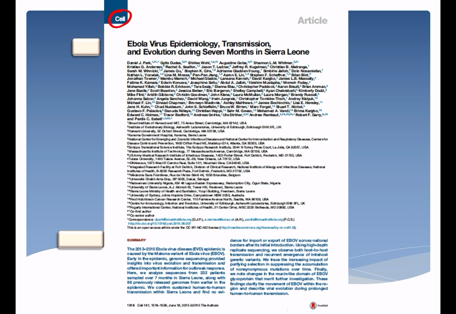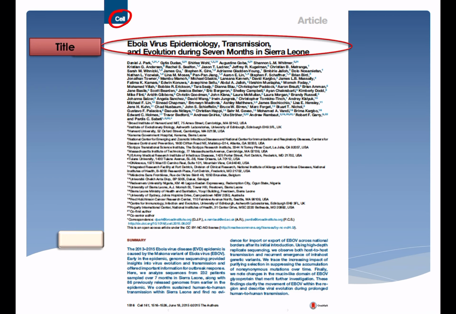Before I get to the first component of the paper, I would like to talk about the title. The title reads, Ebola virus epidemiology, transmission, and evolution during 7 months in Sierra Leone. Now notice that this is what we call a very descriptive title.